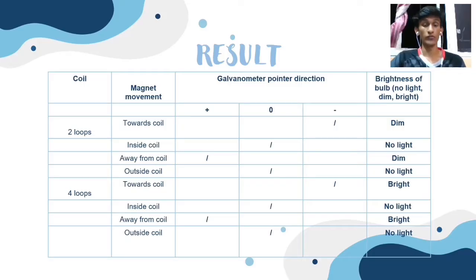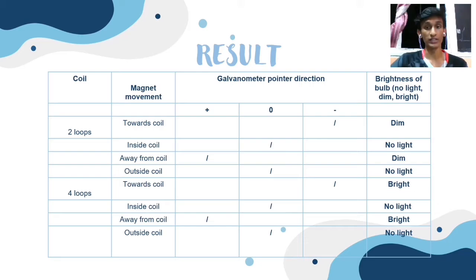Now, moving on to the next part, we will look at the result of the experiment that I've done before. In the first experiment, with the 2-loop coil, when the magnet is moved towards the coil and away from the coil, the galvanometer deflects.